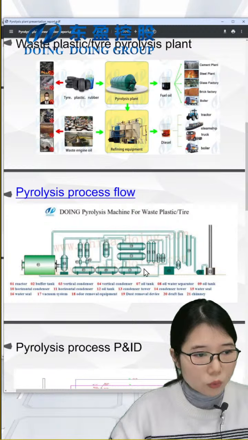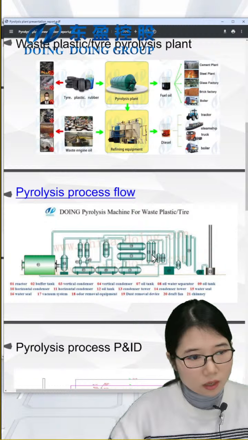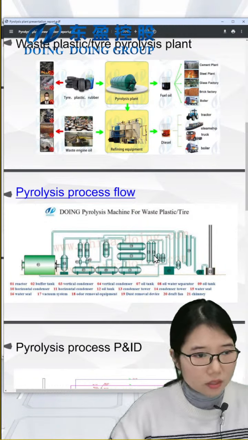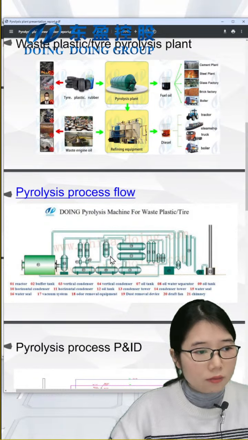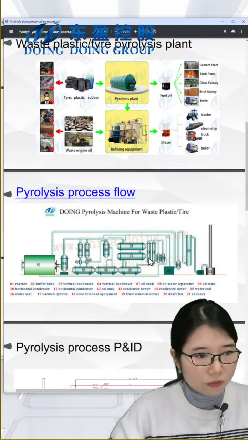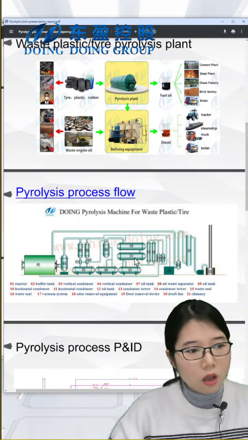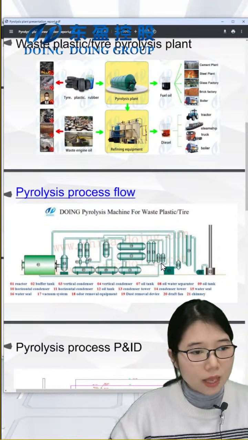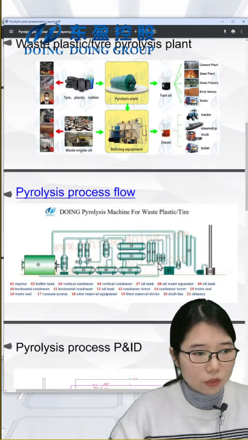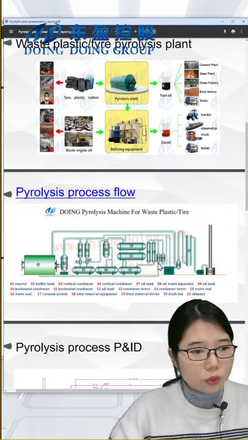The oil gas will pass from the bottom of the cooling tower to the top, so the oil gas goes slower and can have a better cooling effect. So we have 4 steps of cooling to make sure of the oil yield.